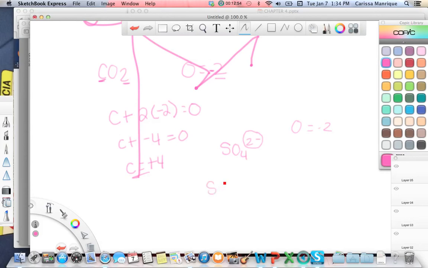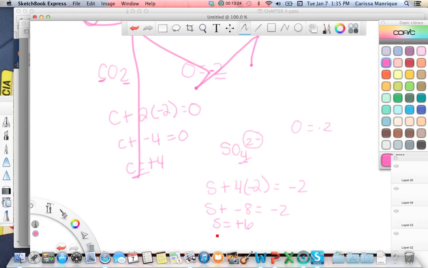So I have sulfur plus 4 oxygens, because that's what it says right here, multiplied by -2, equals -2, because that's the overall charge. So now I have sulfur plus -8 equals -2. Bring the 8 over, so sulfur equals +6. So that's how you do oxidation states.